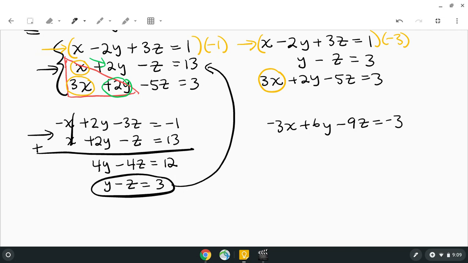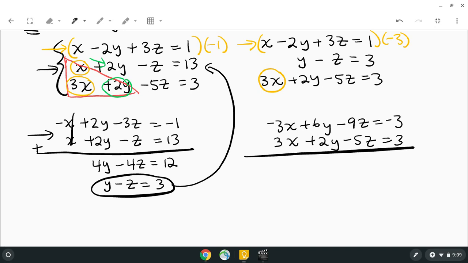And I'm doing my work with just the first one and the third one. So I'm not going to bring that middle one, y minus z equals 3. I'm not really working with that one right now, so I'm just going to leave it there. And I'm going to bring down that third one, because I'm trying to eliminate that 3x that's circled.